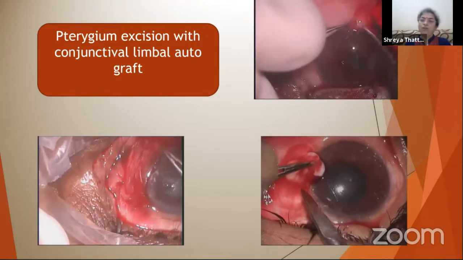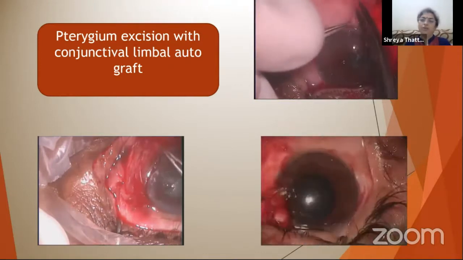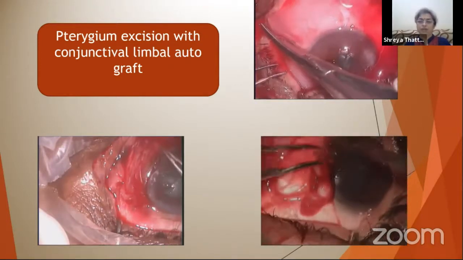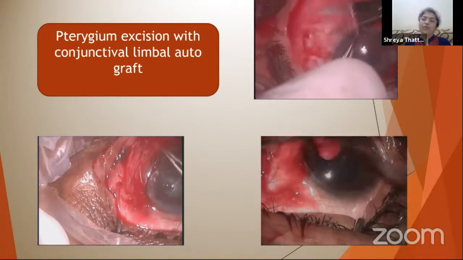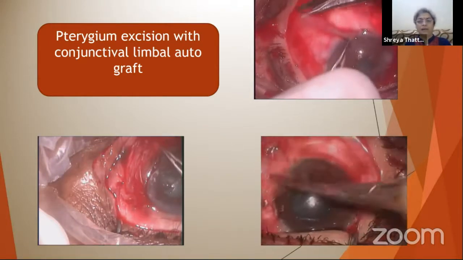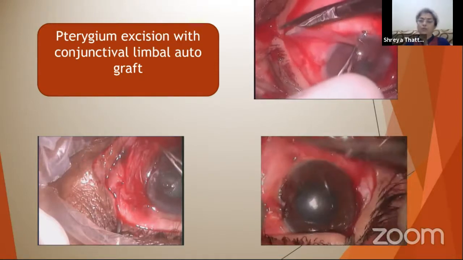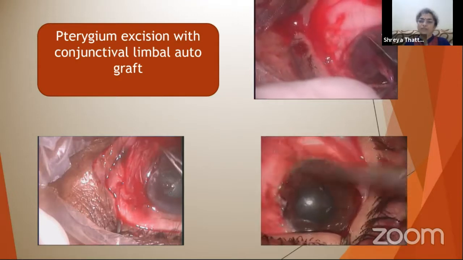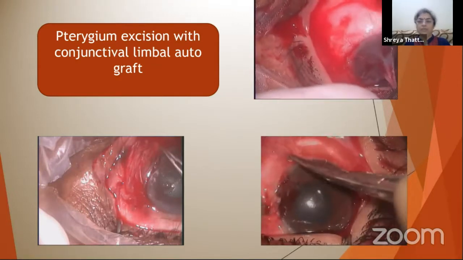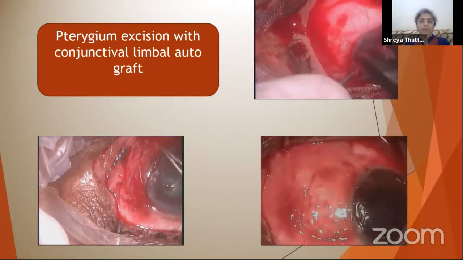And then I always take a conjunctival graft from the inferior conjunctiva, inferior limbus. Always try to take it without Tenon's and a little bit larger, so as to cover the bare sclera without any stretching of the conjunctiva, and always include the limbal stem cells with this.